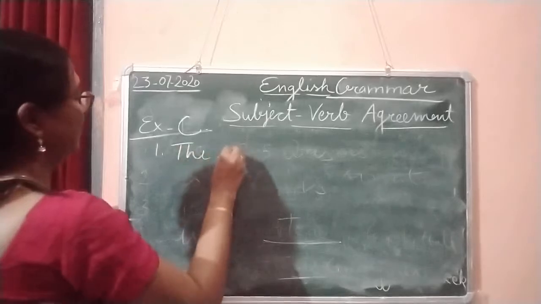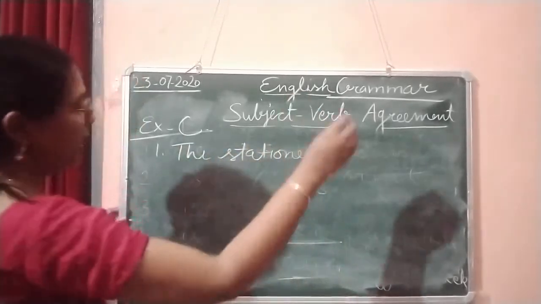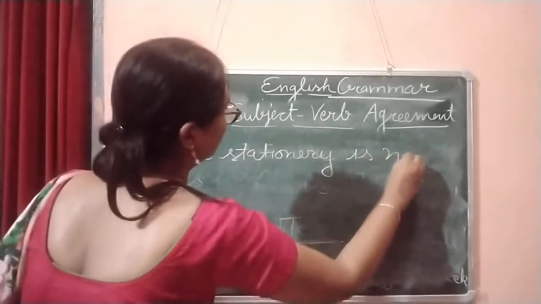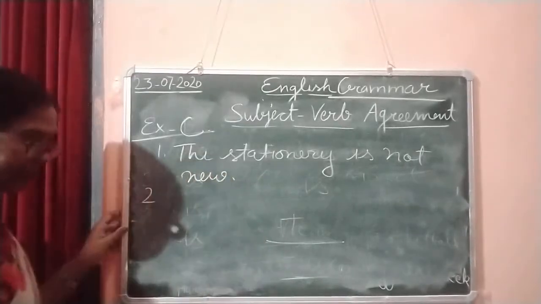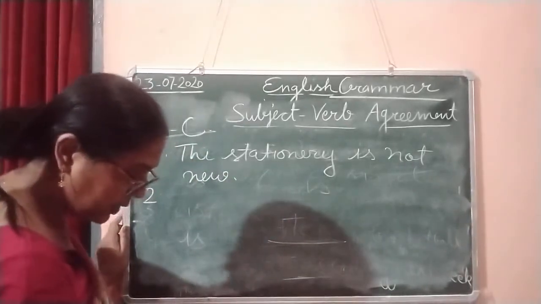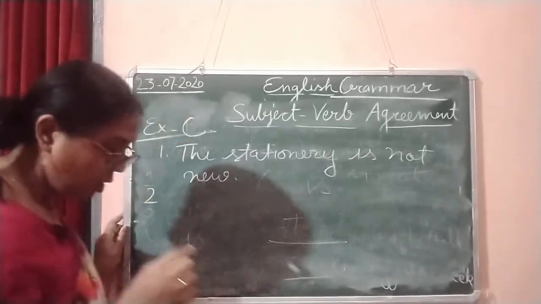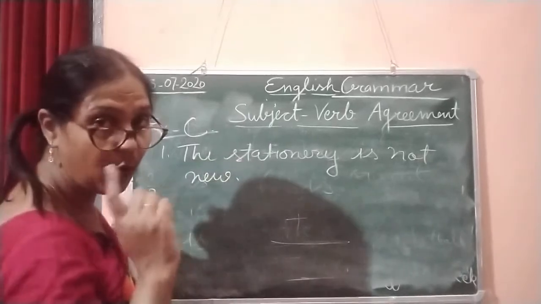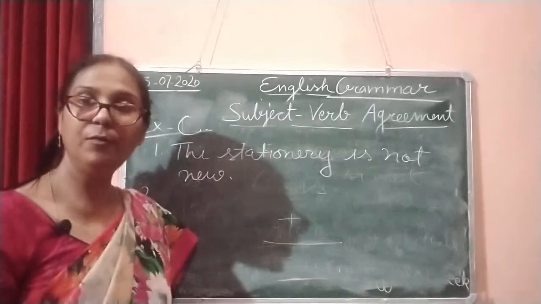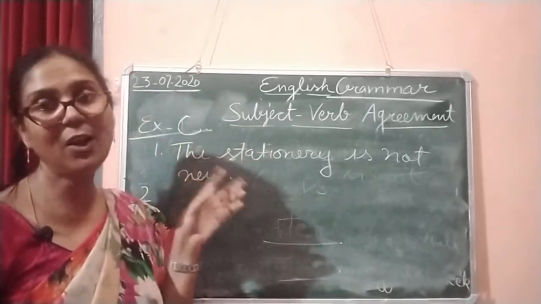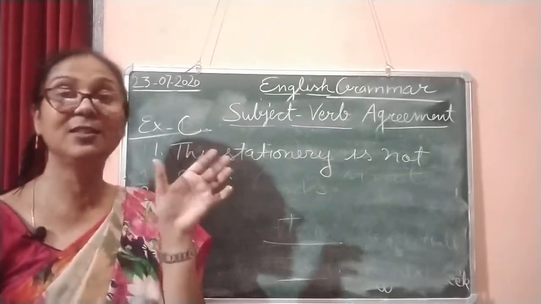The stationery is not new. In second, one of the children are not feeling well. One of the children, because according to the subject agreement rule, we are supposed to write singular, as the subject is in the singular form.